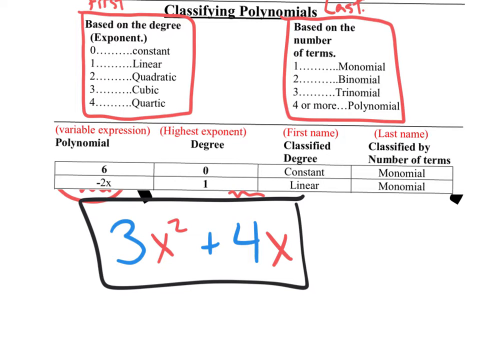Quadratic binomial is correct. Thank you very much, Angel. Quadratic, power of 2 is quadratic, degree 2, and then how many terms are there? Remember, the pluses and the minuses are what separates the terms. You have 1 plus something else, so that's 2 terms. So quadratic binomial is the correct answer.